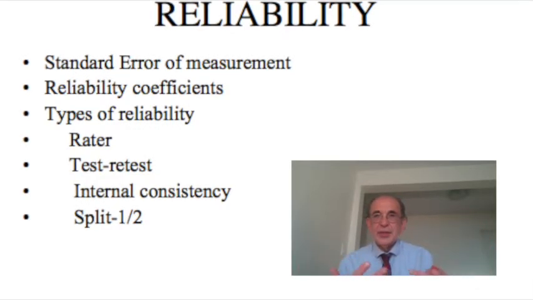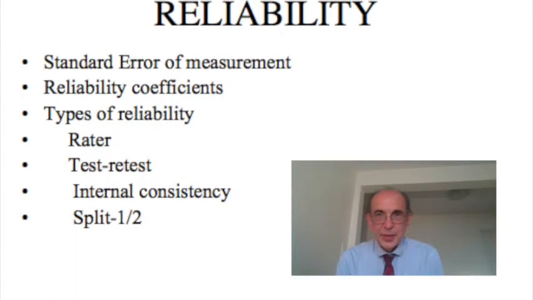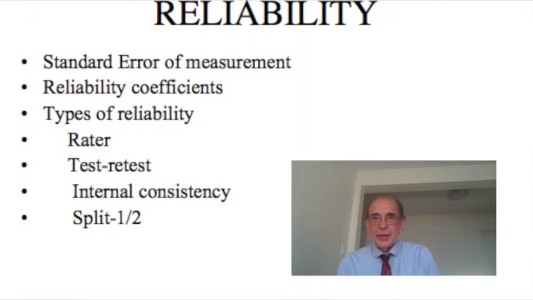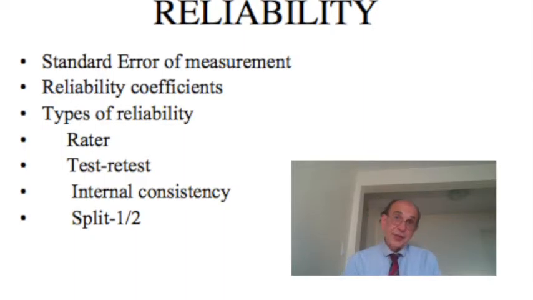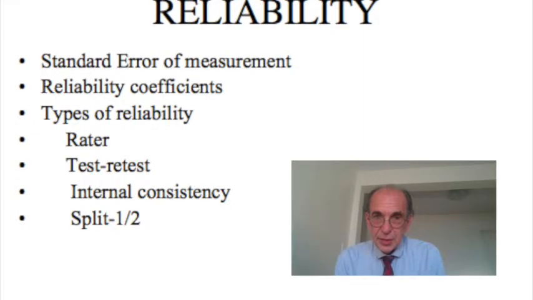And if there's a high correlation in performance on the two half tests, so to speak, then there's evidence of high reliability in terms of internal consistency. That's a different kind of consistency than retest consistency, but it's important.